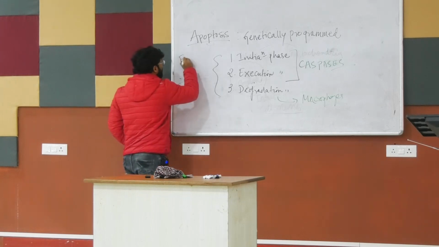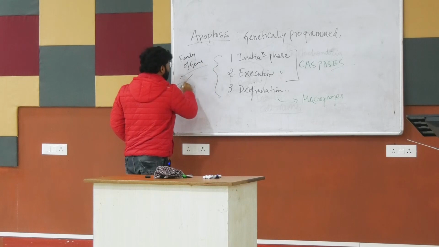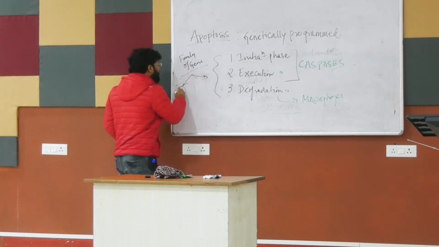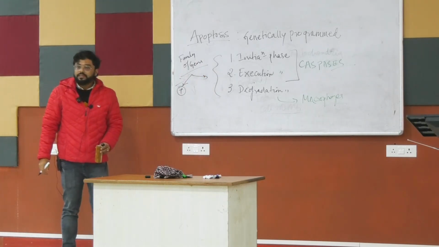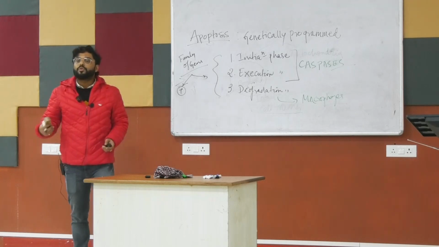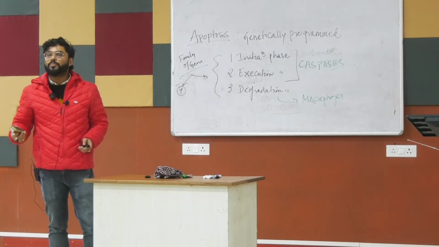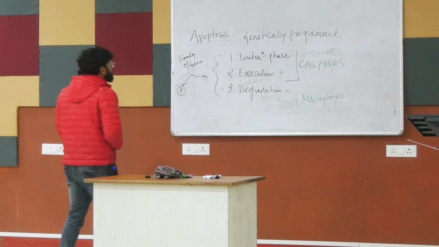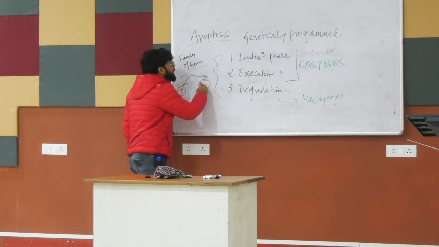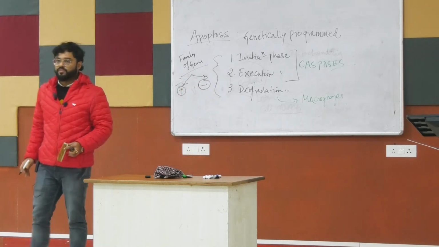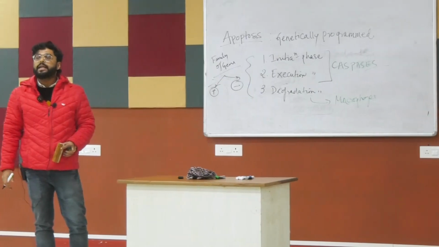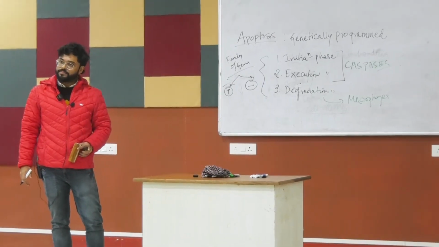If the family of genes facilitates, augmenting apoptosis, they are known as pro-apoptotic genes. If the family of genes inhibits apoptosis, they are known as anti-apoptotic genes.